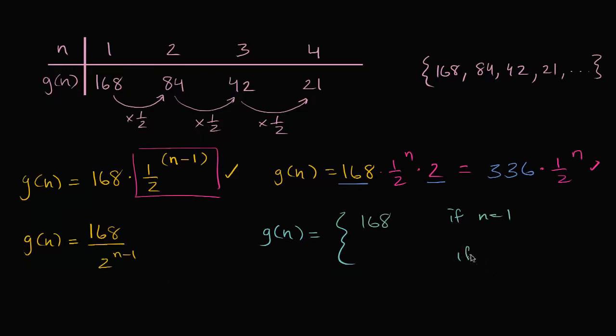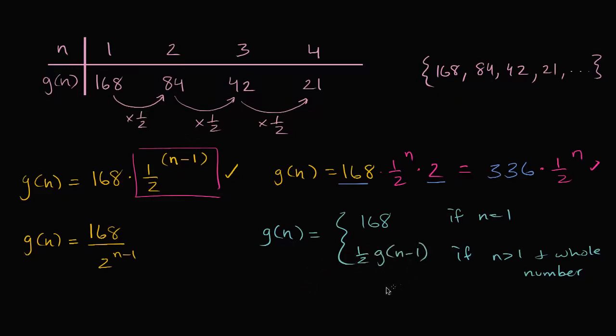And if n is greater than 1 and a whole number, so this is defined over all positive integers, what are we going to do? Well, we're going to take 1/2 and multiply it times the previous term. So it's going to be 1/2 times g of n minus 1.